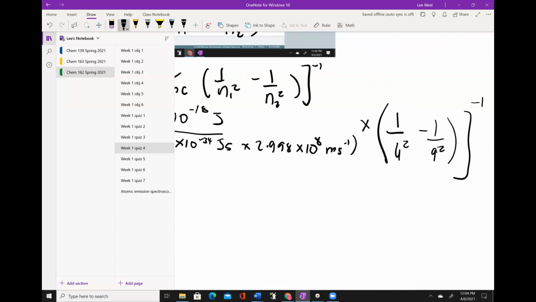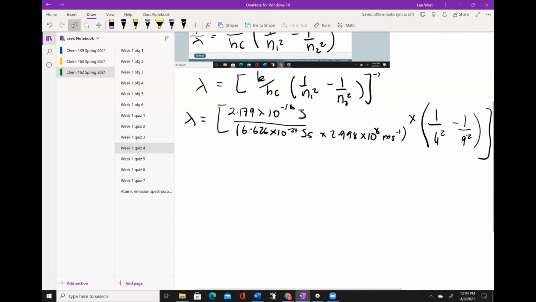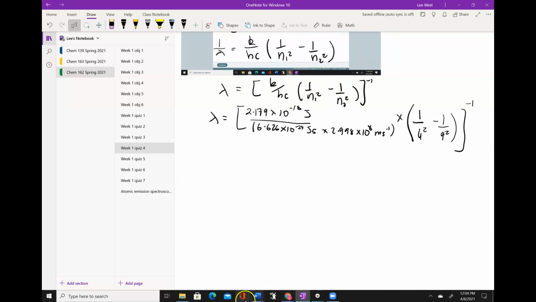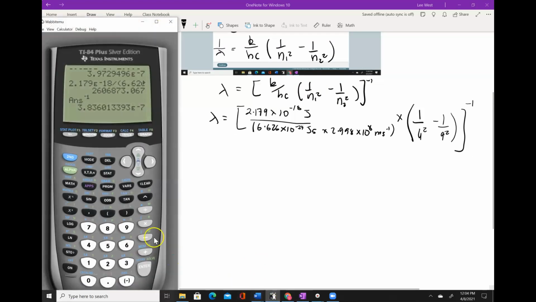And then everything to the minus 1. So that's what needs to go into the calculator. Like I said previously, it can speed things up if you use the calculator that's got the values stored. So let's see how we go. I'm going to do this all in one go. Parentheses 2.179 by 10 to the minus 18 divide parentheses 6.626 by 10 to the minus 34.